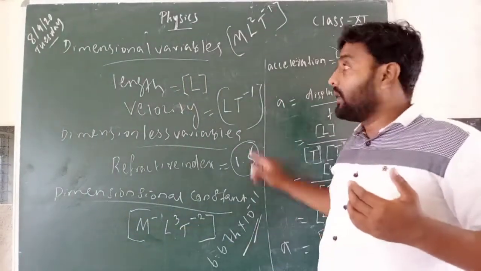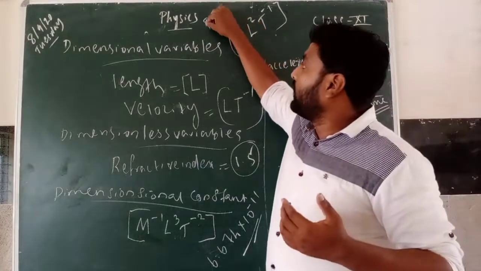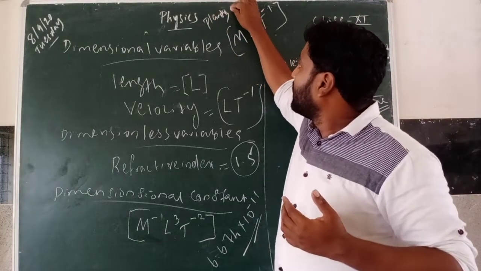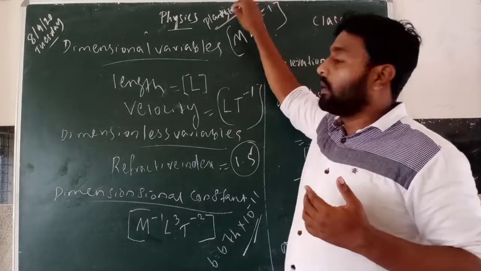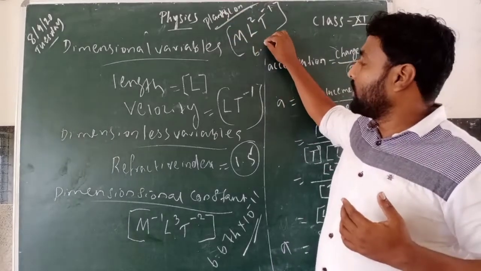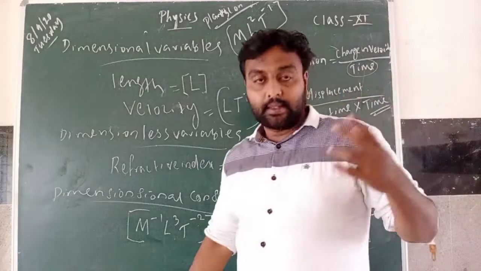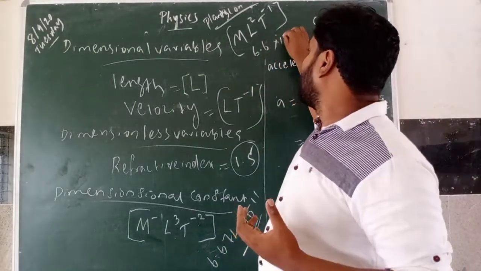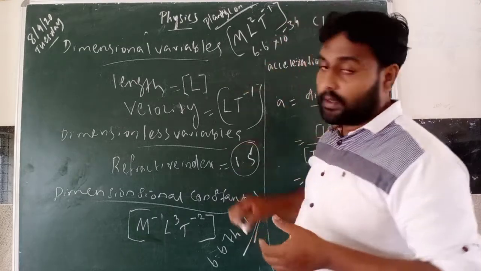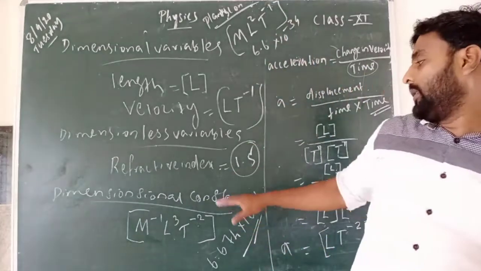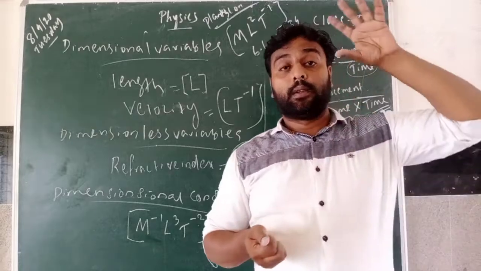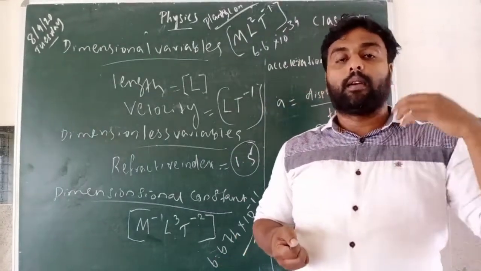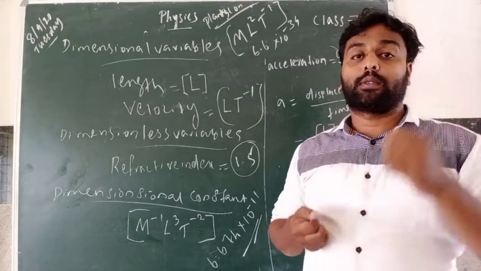So this is what a dimensional constant is. These are physical quantities which possess dimension and it has some constant value.